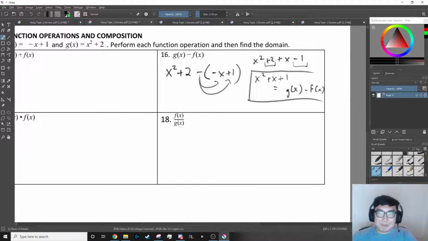This equation has negative x plus 1 divided by x squared plus 2. This is kind of scary, and it can be. But can I factor this x squared plus 2?